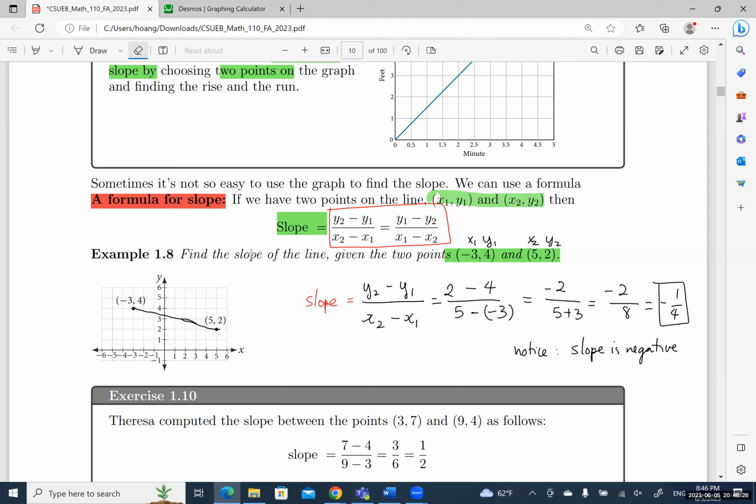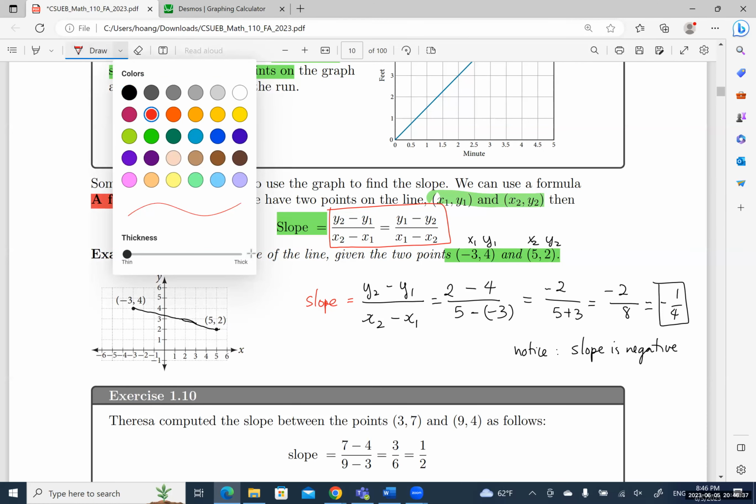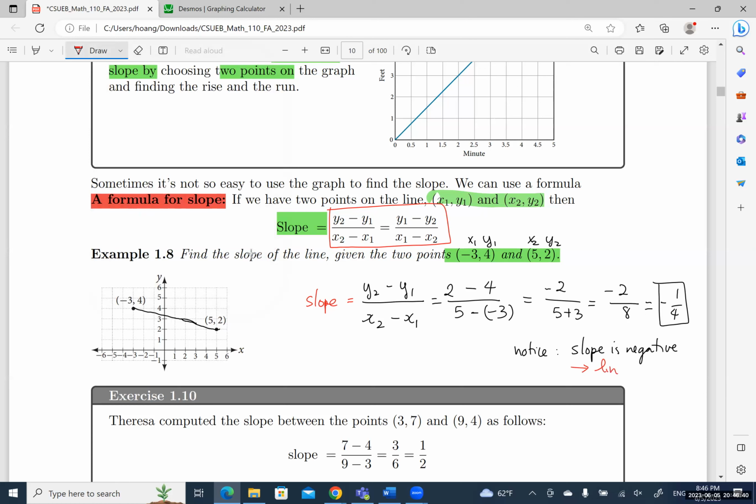So there. All right, so you see now, the slope is negative, and you notice that the line is going down. Lines go down from left to right. Right? From left to right.